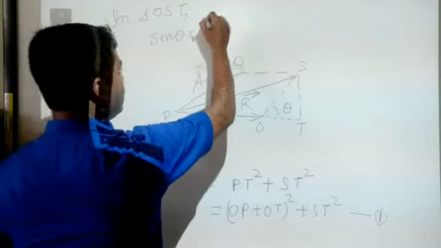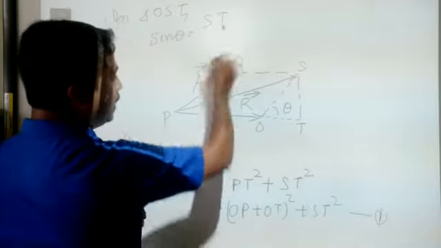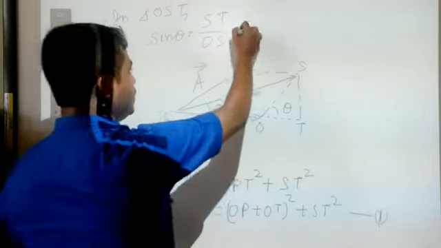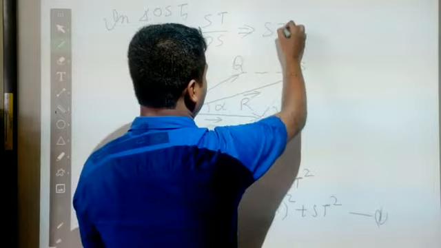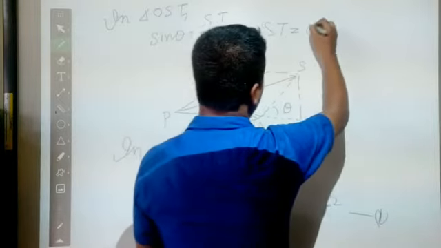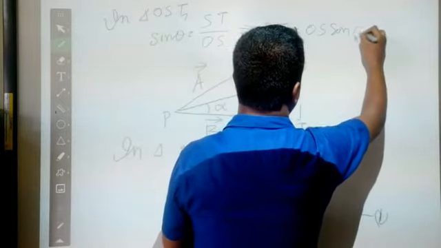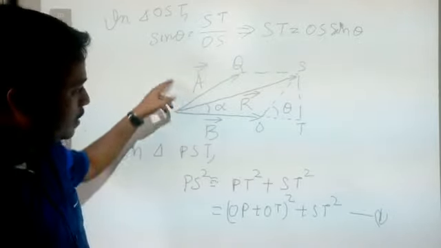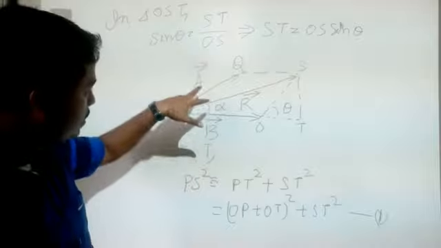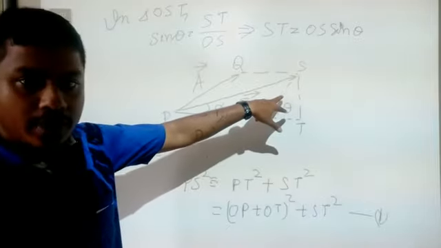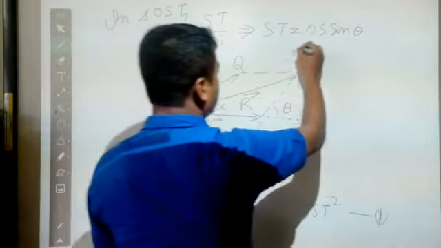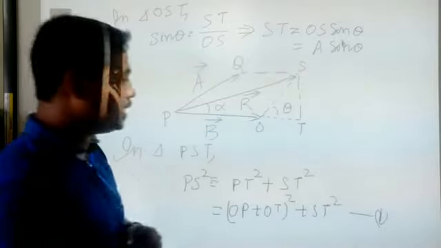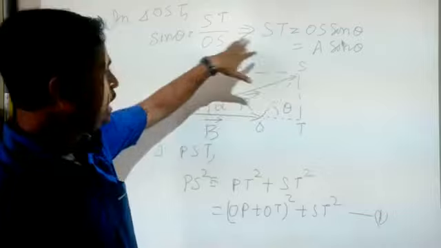So this will be ST by OS, that is your longest side. So this implies ST will be equal to OS sine theta. Now what is OS here? Since this is a parallelogram, the opposite sides are equal. This is A, then this one also will be equal to A. So this will be equal to A sine theta. We have got the value of this ST.